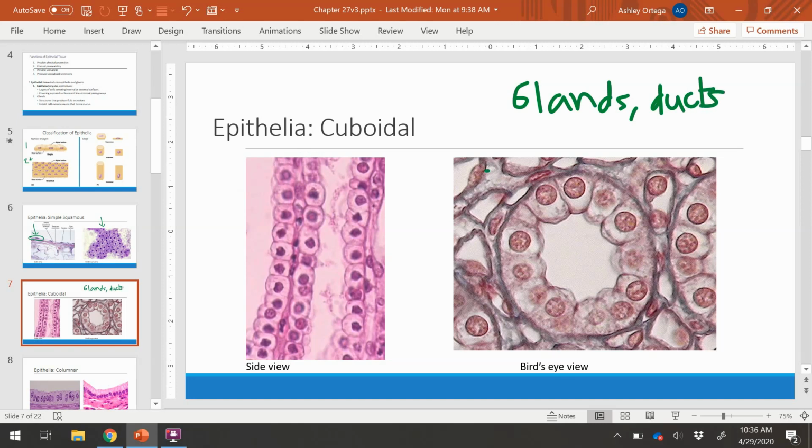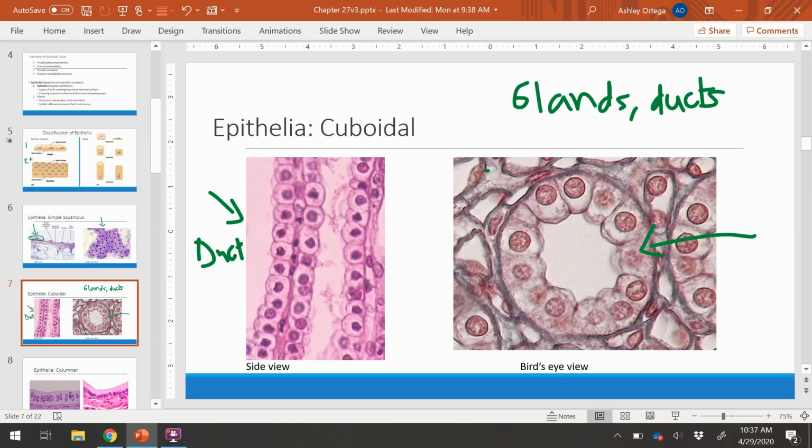And so on this one, you can see from the side view this is a duct, as it is a passageway leading to an area where fluid can be secreted to, or where fluid is being made. Whereas this one here, depending on the sample tissue, could be the gland itself that's been cut, or a duct.